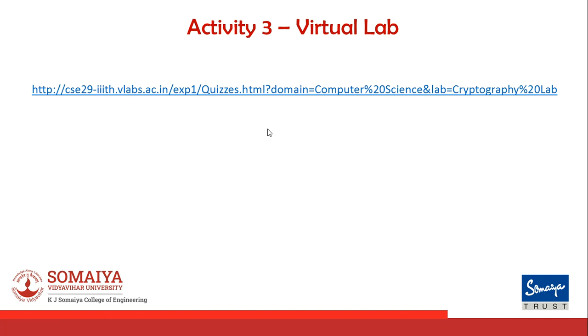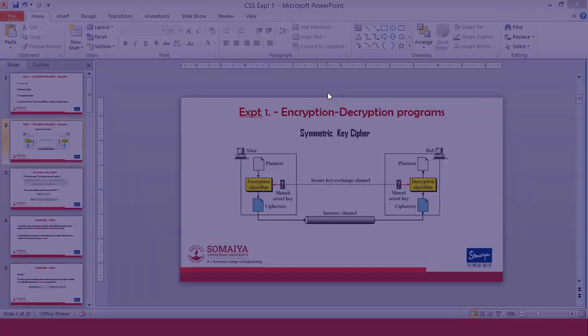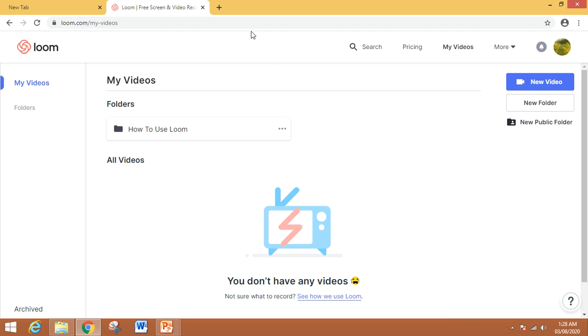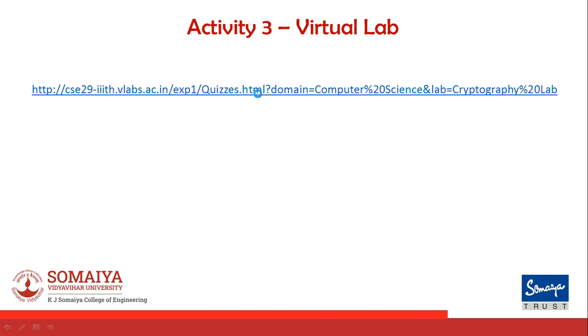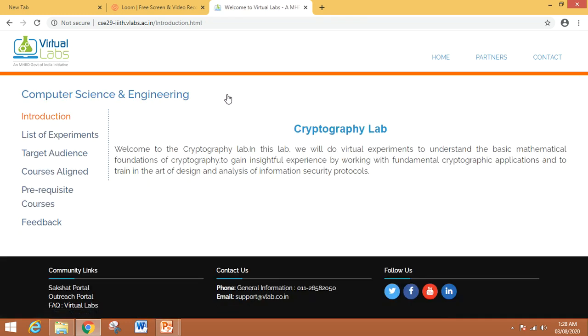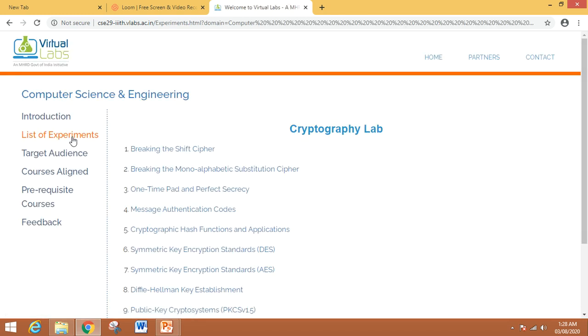Let's switch to the respective tab. Here several labs are provided. Out of these, we want to perform the lab for breaking the monoalphabetic cipher and breaking the shift cipher.